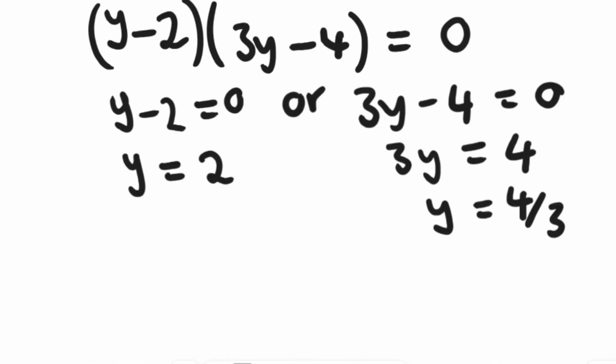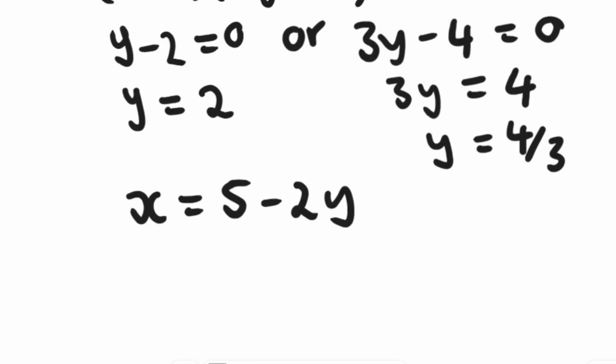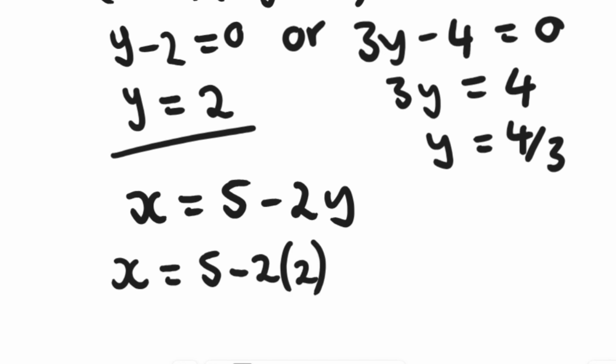Since our x is 5 minus 2y, for the first solution of y, our x will therefore be 5 minus 2 into 2. Remember, our y is now 2 according to our first value of y. Now, this is just 5 minus 4. The value of x for y equals to 2 is 1.